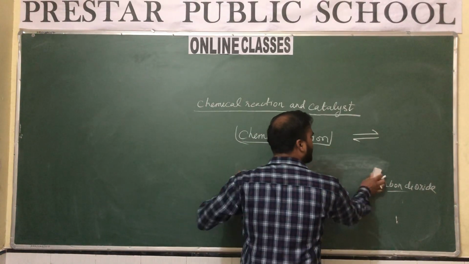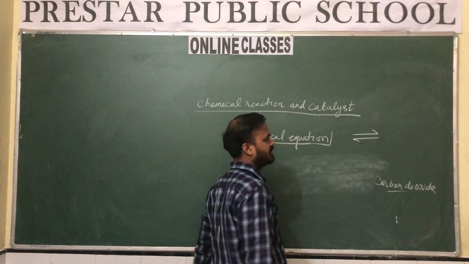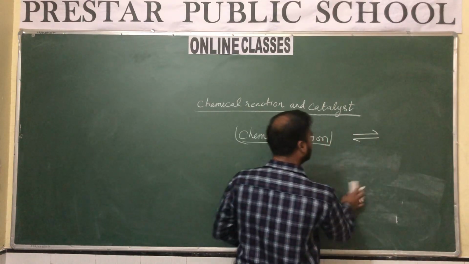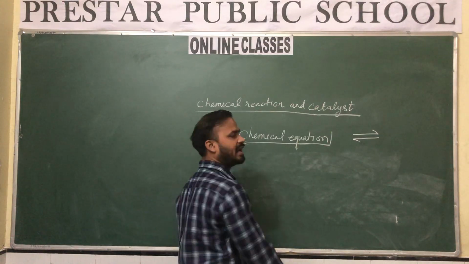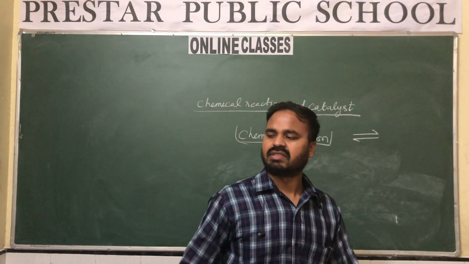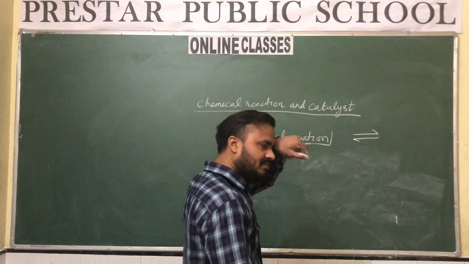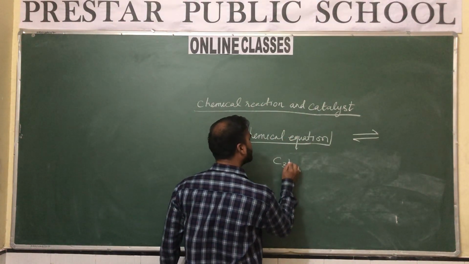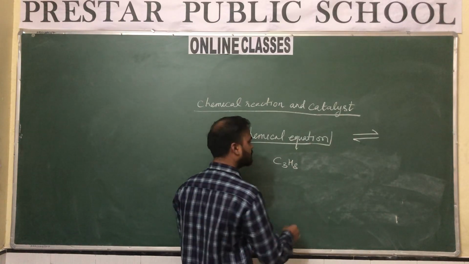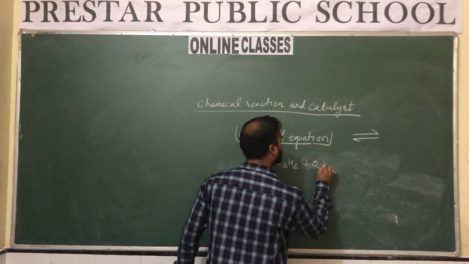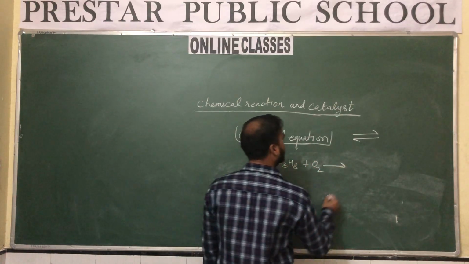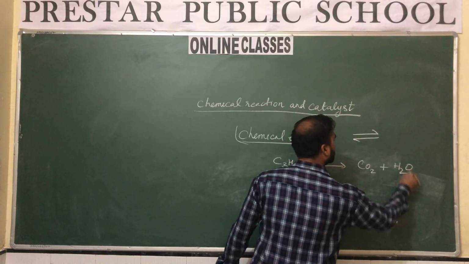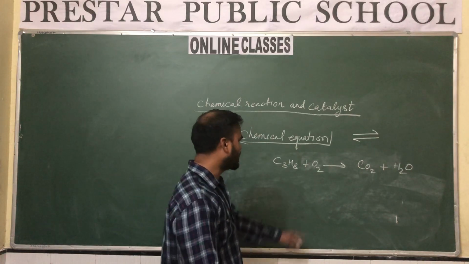Now I will tell you how to balance a chemical equation. I will tell you some examples so you know how to balance a chemical equation. Suppose C3H8 reacts with O2, then it will form CO2 plus H2O.